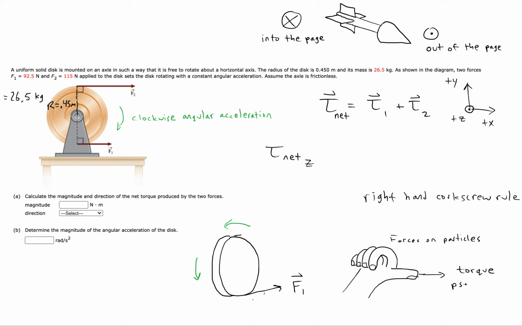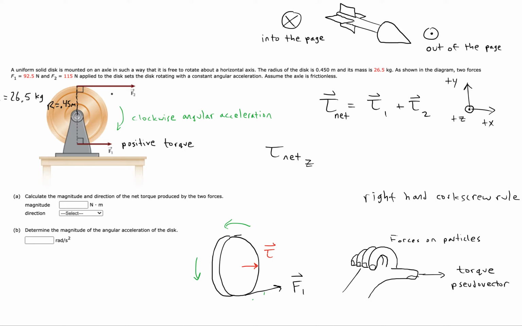But it's a pseudo-vector. Shows like an axis of rotation. The torque would be coming out of the page for this force, F1. So we want to make it positive. Positive torque.